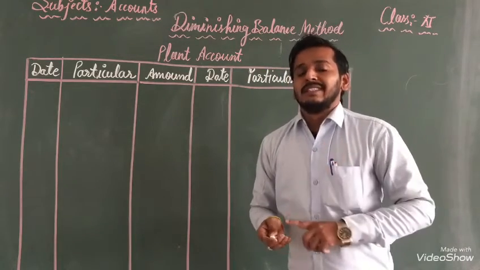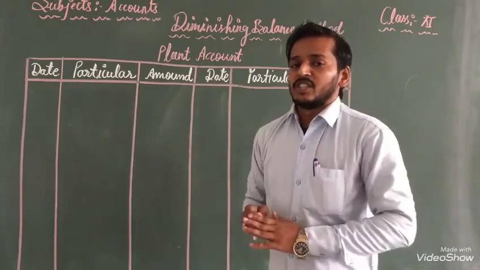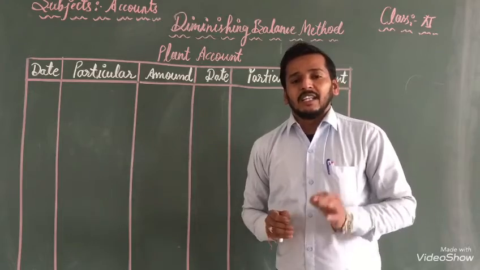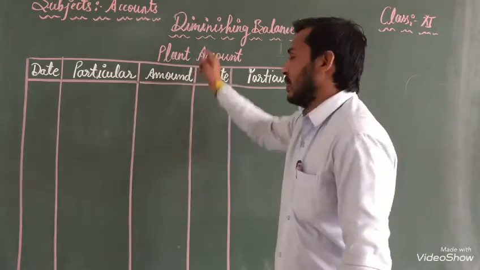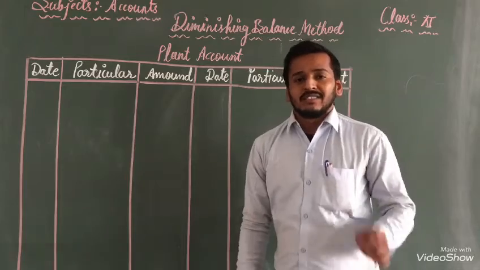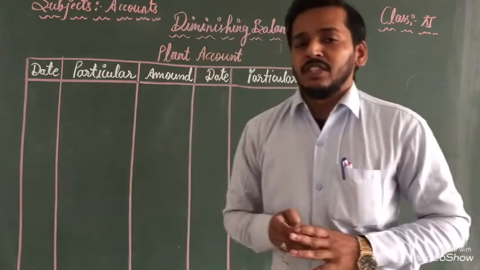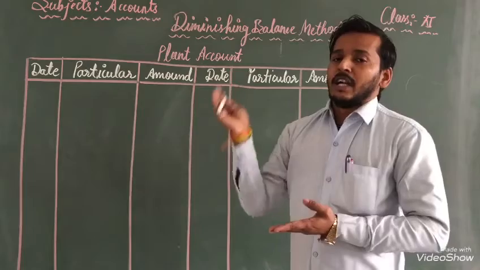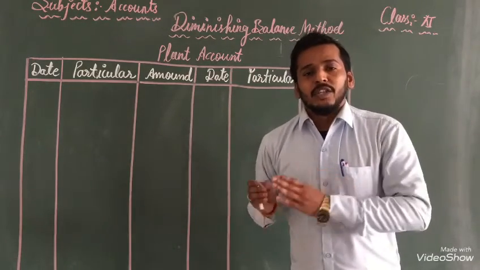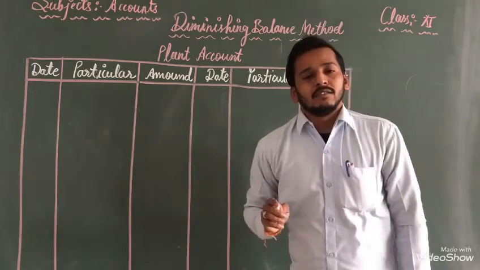But one more thing, students: today we have to think about when we purchase any machine. In the first lecture, I gave a normal explanation of the diminishing balance method. But today we are going to discuss the machine. Suppose we purchased a machine and after that we sell it. After selling, we get a profit or loss, and that we have to discuss here.